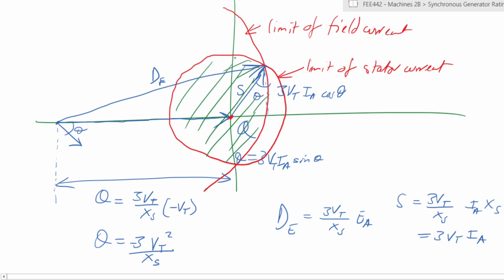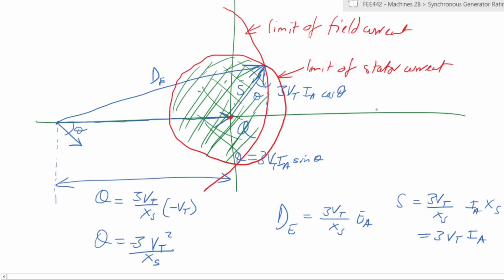It cannot exceed this area of operation. Beyond here, it exceeds the limit of field current, and beyond this circle, it exceeds the limit of stator current. So the safe values of power that it can generate will be indicated by these points that are here.